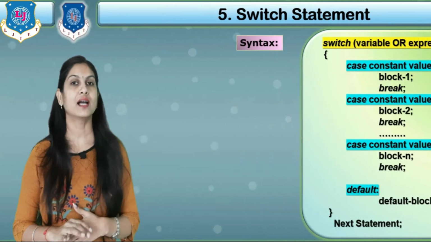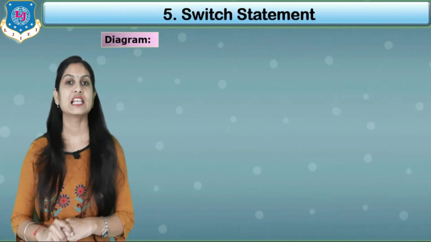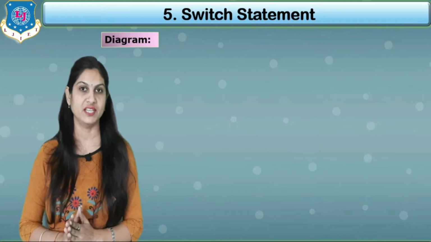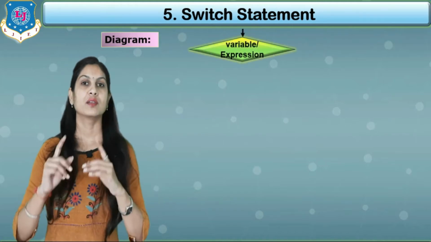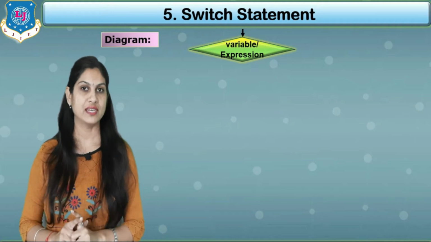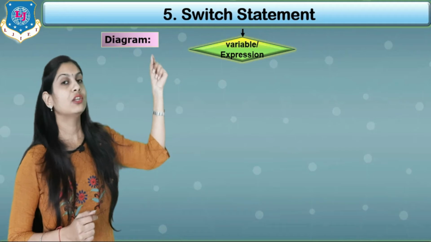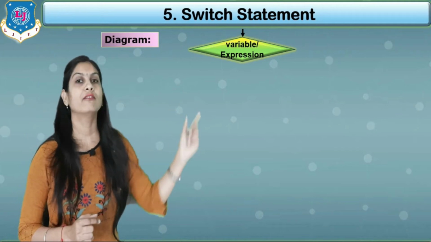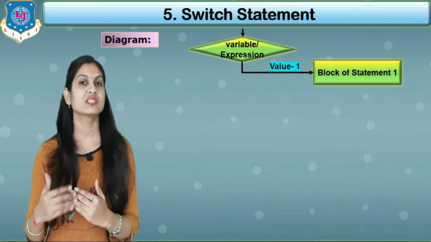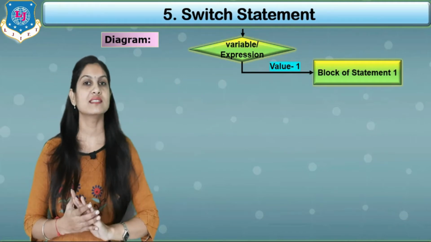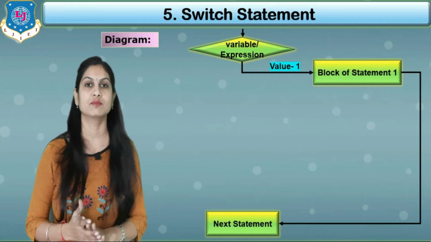Now move to the diagram. Same diagram as we discussed in the else if ladder, only the flow will be changed. First is an expression that we can say our condition or variable that we have to check with a constant value. So that value will be matched with our constant value. Suppose it matched with a constant value 1, then block 1 is executed and move to the next statements.